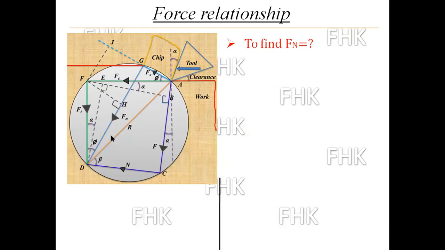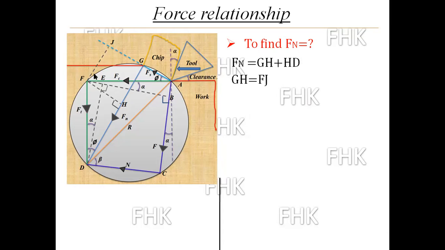GH plus HD is FN. GH is parallel to JF, and also parallel to GH.